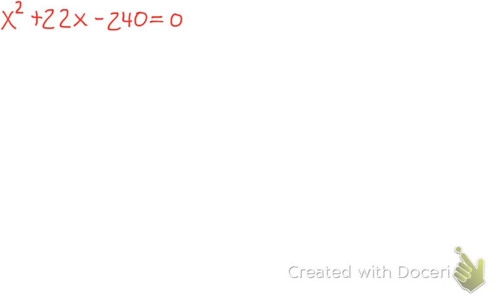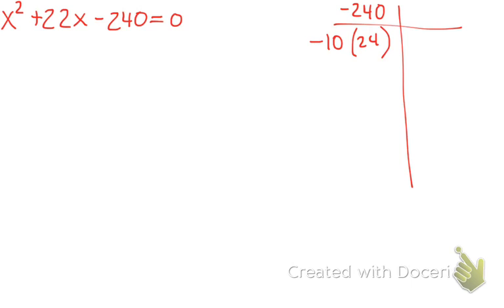So to multiply and get negative 240, the bigger one needs to be positive. So we're looking for factors of negative 240. Negative 10, positive 24 would work, but when you add them, you get 14.